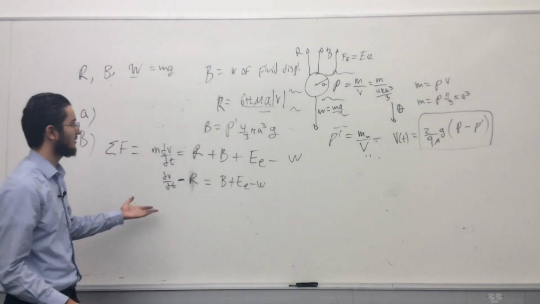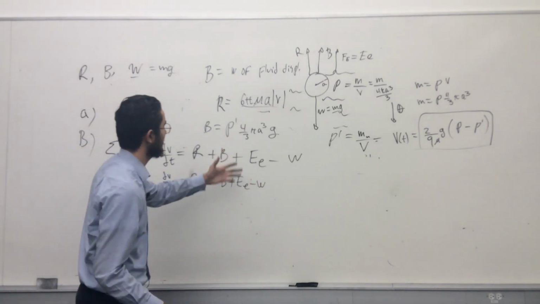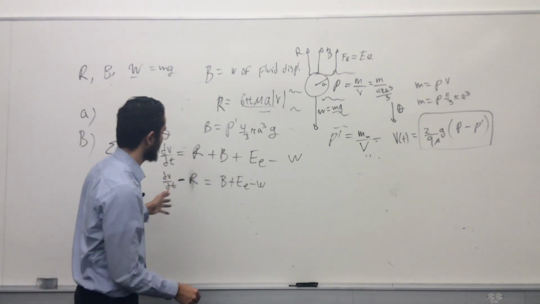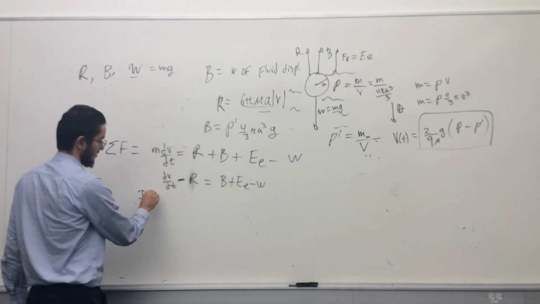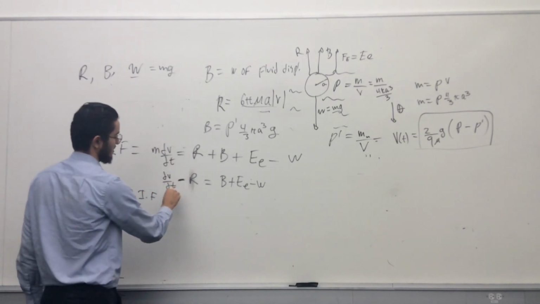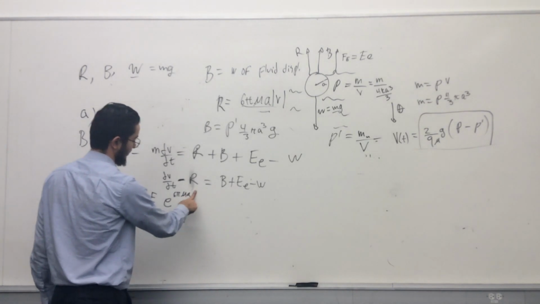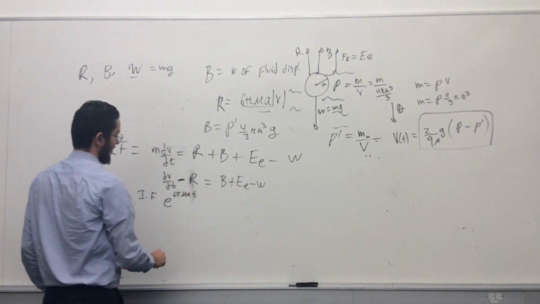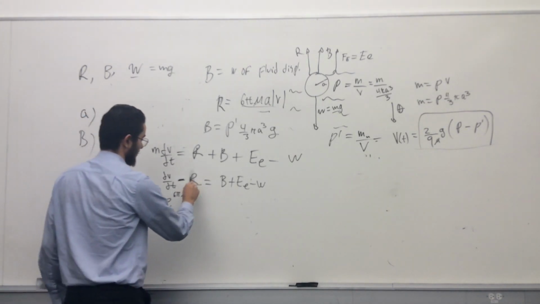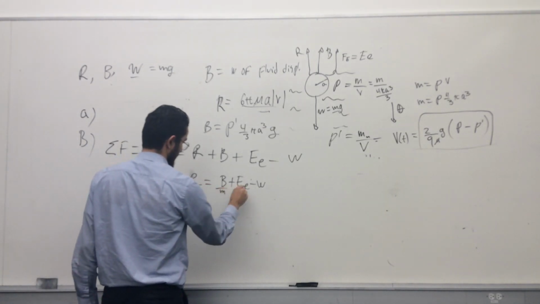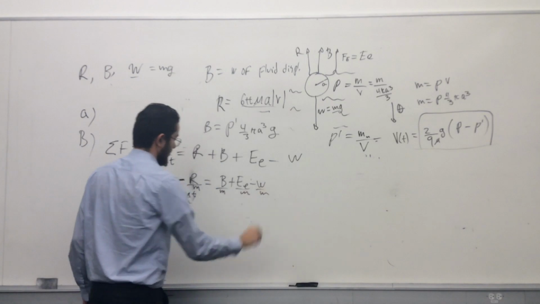And over here, it's going to be the same concept, right? In this case, the integrating factor should be e to the power of 6 pi mu A times B. I'm sorry, times t. Okay? And of course, we're dividing all of this by m, so this should be divided by m. All right.